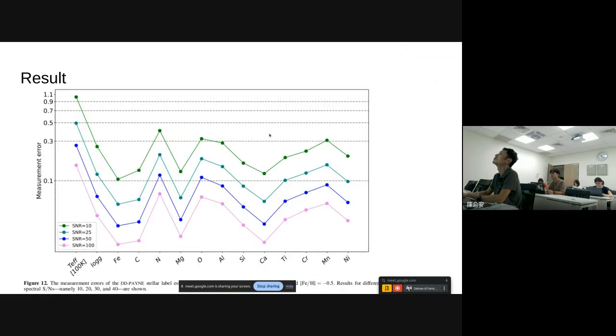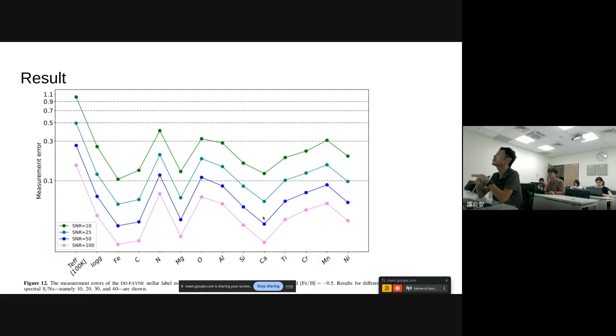And then this is the error plot. So for the effective temperature, I think for all of the labels, it has better accuracy with higher signal to noise ratio. So this is for machine learning.